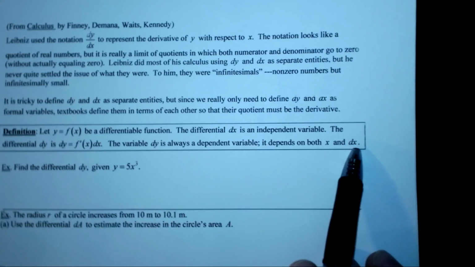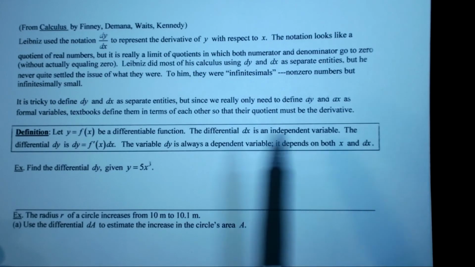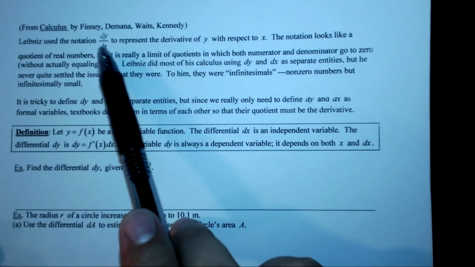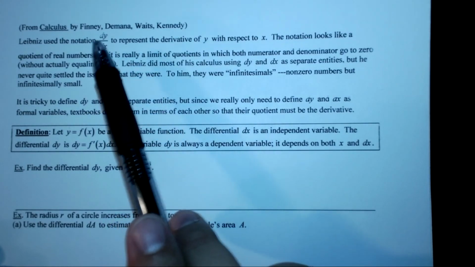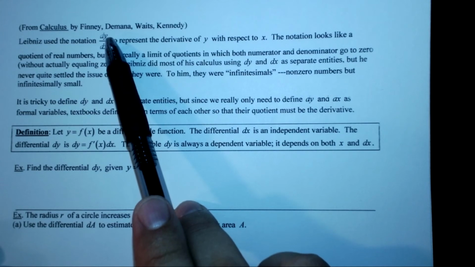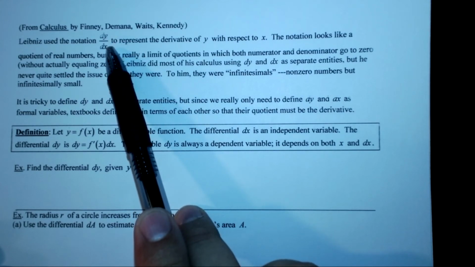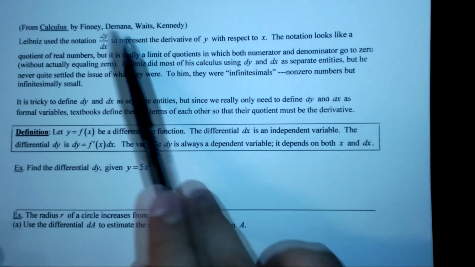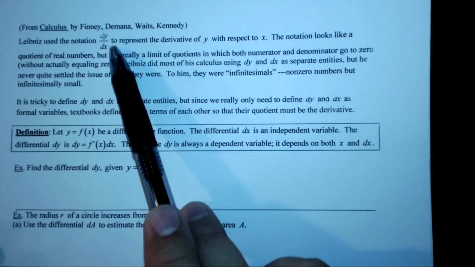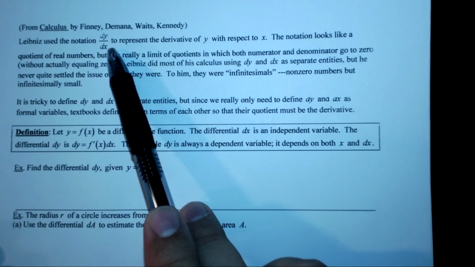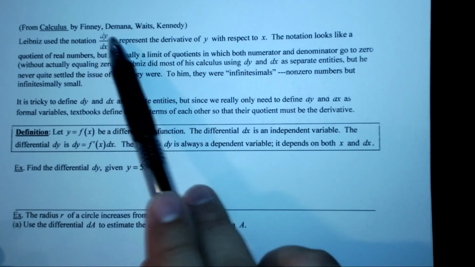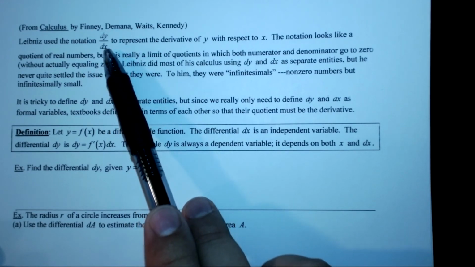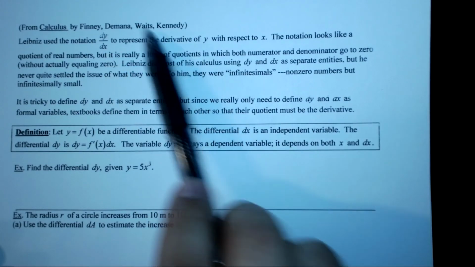Now, it would make sense then that when you're talking about them as dy over dx, you're talking about the rate of change of y with respect to the rate of change of x. Okay, so this is why whenever we read these, we read them as the derivative of y with respect to x. And what it really is is the rate of change of y with respect to the rate of change of x. Okay, so that's why these make sense.